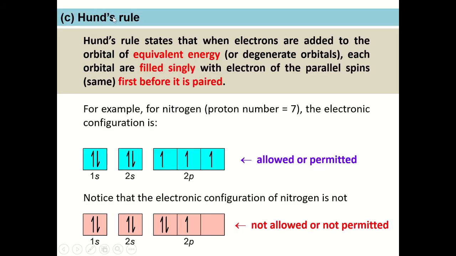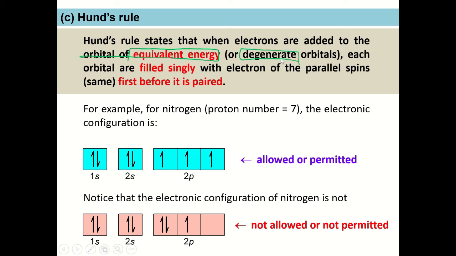So now the last rule is called Hund's rule. Hund's rule states that when electrons are added to orbitals of equivalent energy, right? Please focus on these words, orbitals of equivalent energy, or we call them degenerate orbitals.